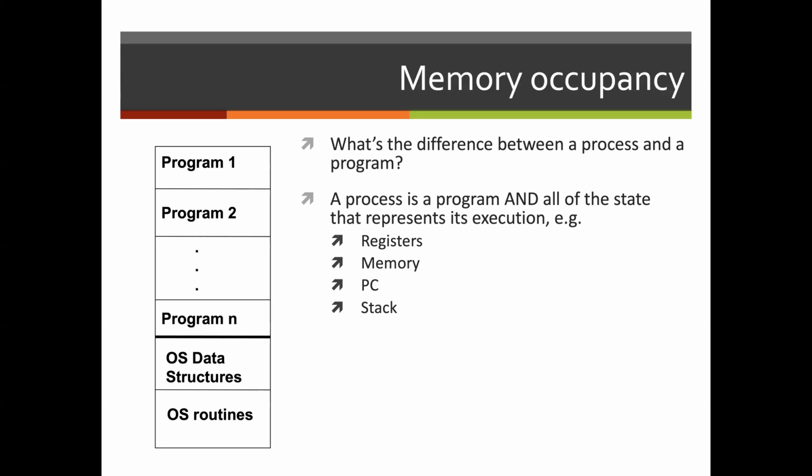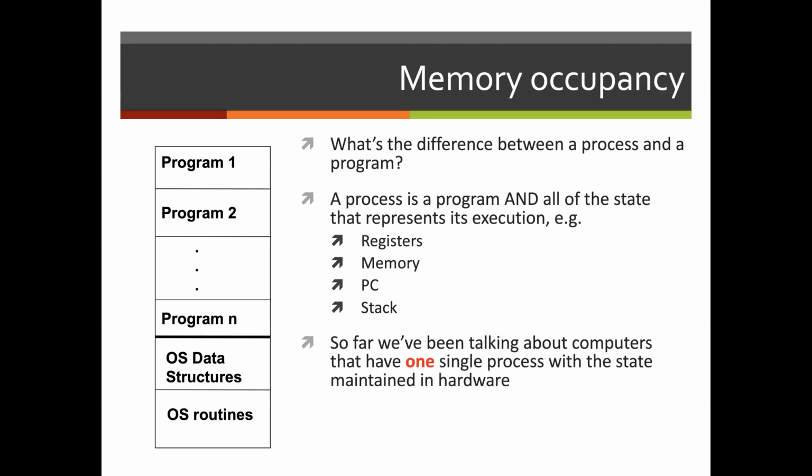So once a program starts executing, we have the contents of memory that are going to be occupied by the program. And as the execution of the program changes, its state is going to change. And this might allow for different processes to register as well. Thus far, we've been talking about computers that are executing a single process with the LC 2200 ISA.